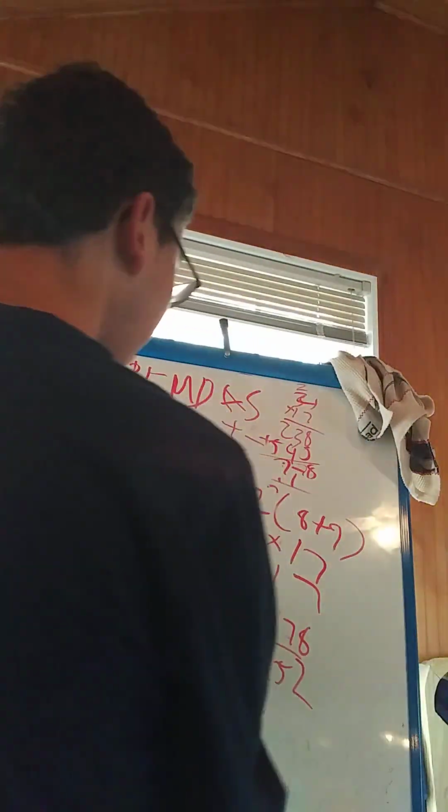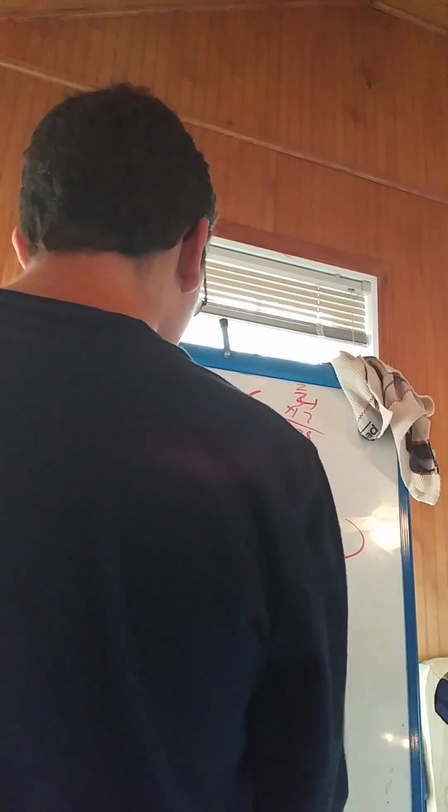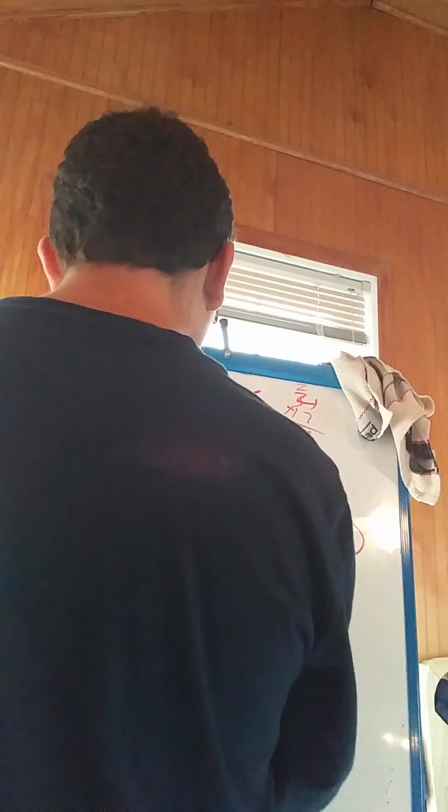Okay, I need to do that again. Okay, this is ridiculous. Okay, 778. And then we have this answer, so that equals 26452. Then we drop down 3 plus 25, and then we have this left.